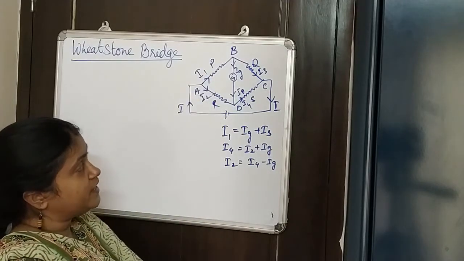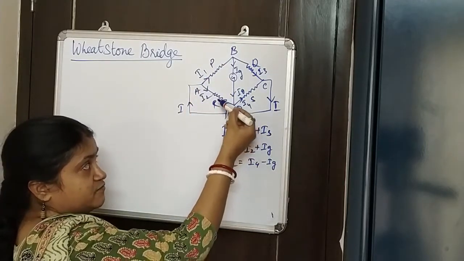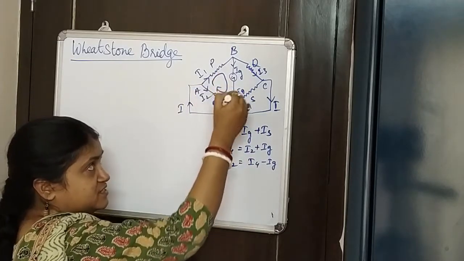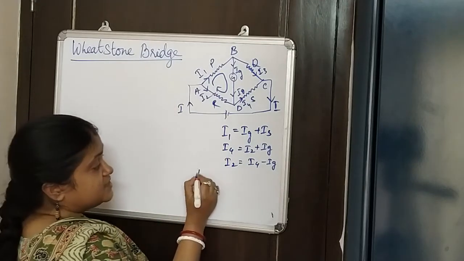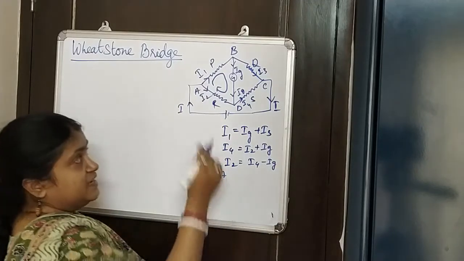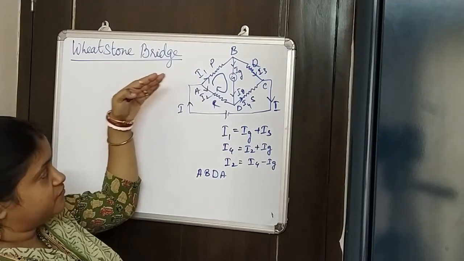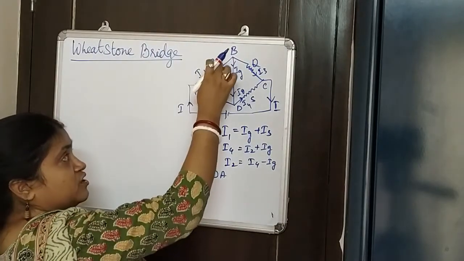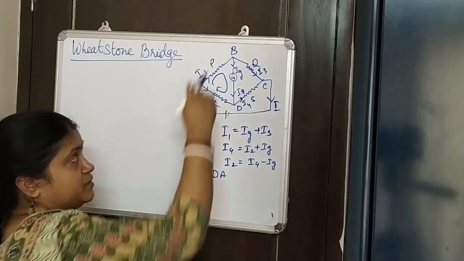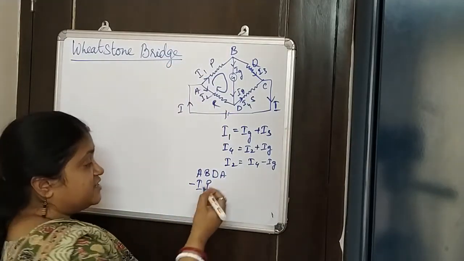Now first we look at this particular portion. Since the current is flowing from positive to negative, let's analyze first this particular part of the circuit, that is A, B, D and A. In this circuit, the current flows in this direction, and the loop traversal is also in this direction. Therefore, my voltage drop across this will be minus I1 into P. In this, again, it is the flow in the current direction.